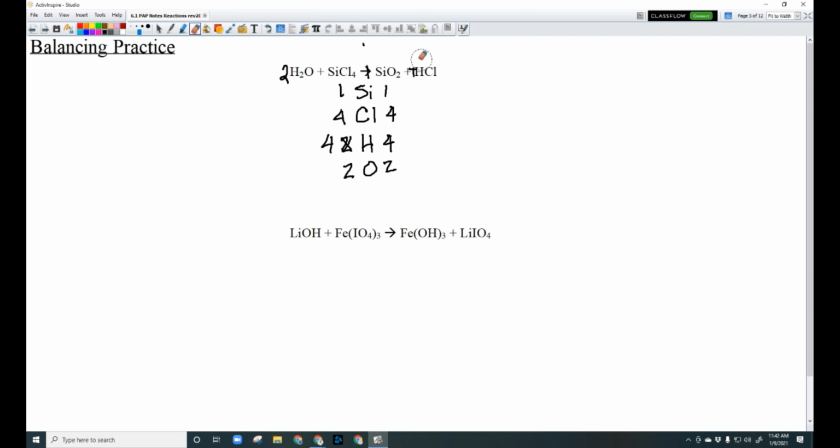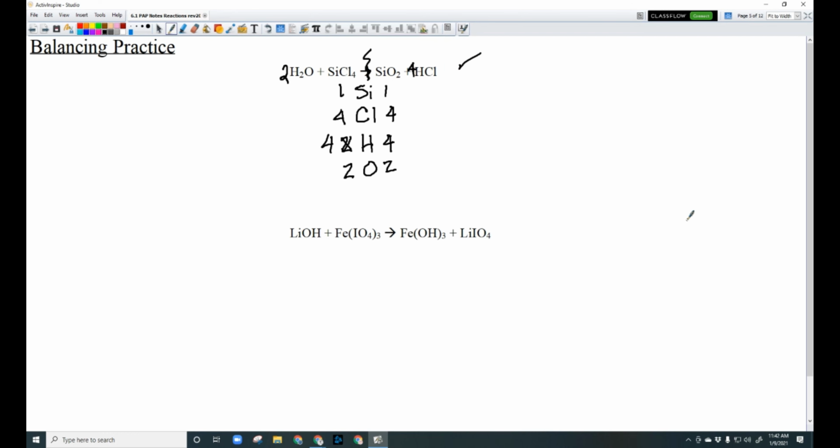I erased the top part of my 4 there. I didn't want to do that, so let me add that back in. So we're going to make sure this is balanced. 4 hydrogen, 4 hydrogen, 2 oxygen, 2 oxygen, 1 silicon, 1 silicon, 4 chlorine, 4 chlorine. So there's your balanced chemical equation.